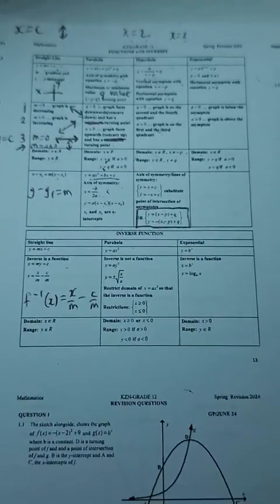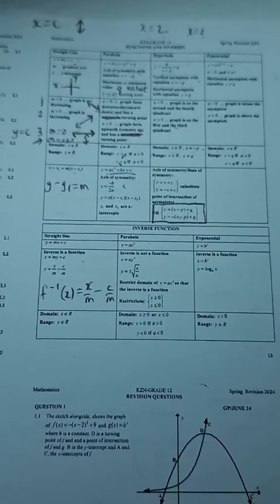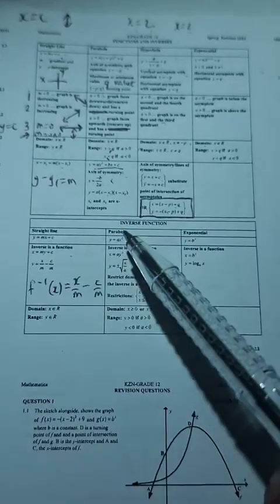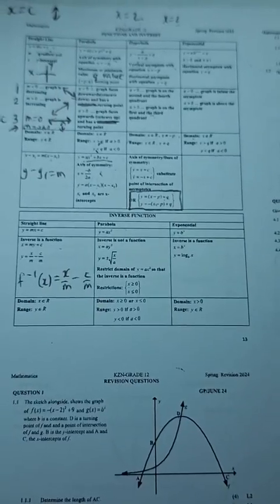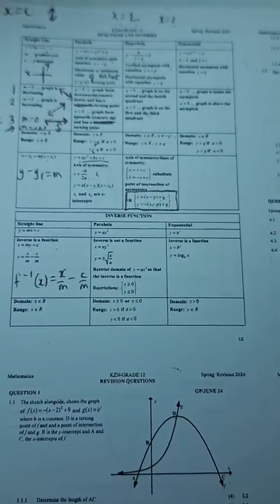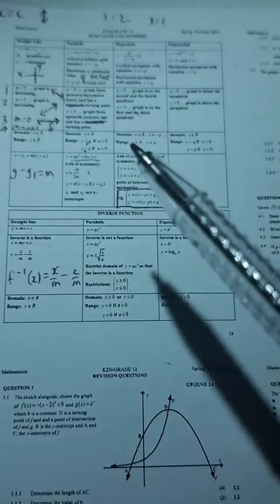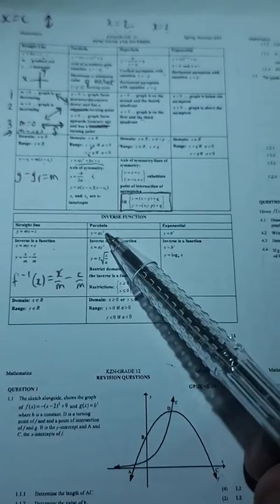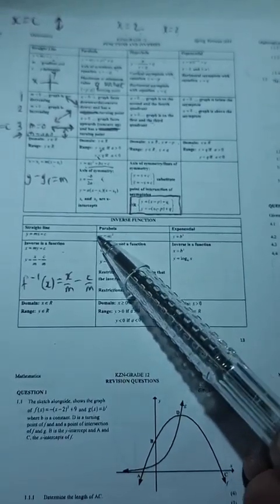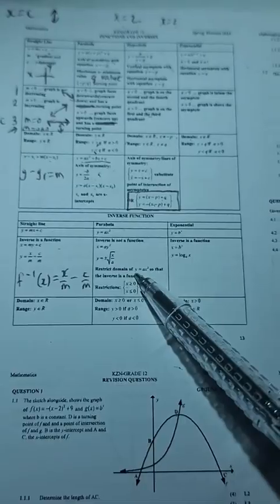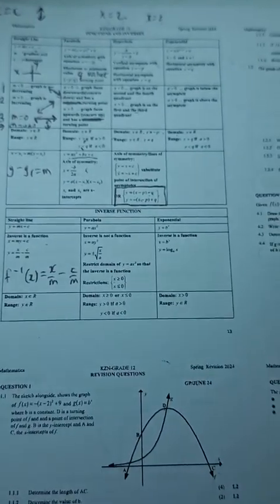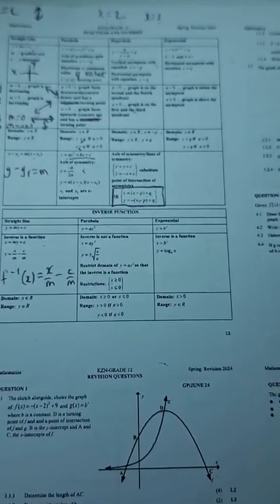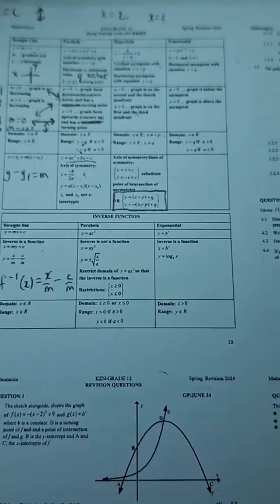And I indicated yesterday that the inverse of a parabola in and of itself is not a function, but it is a relation. In order to express it as the inverse function, we need to restrict the domain of the original function so that the inverse can actually be represented as a function, 1 to 1.